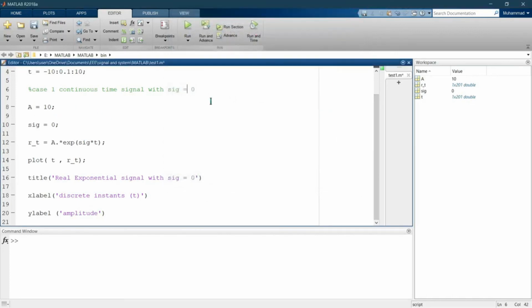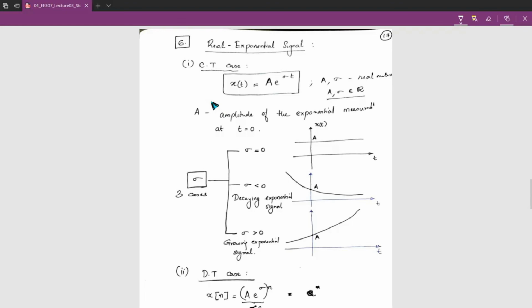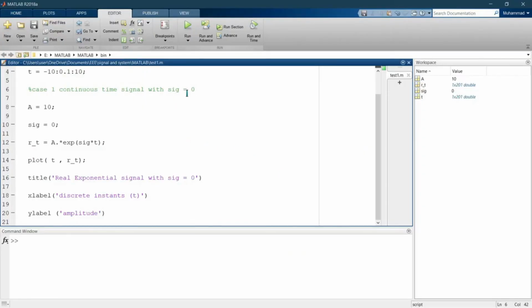So let's move on to the second case, where sigma is less than 0. We should be expecting a decaying exponential signal. I would give a value of -0.2. It is slightly less than 0.